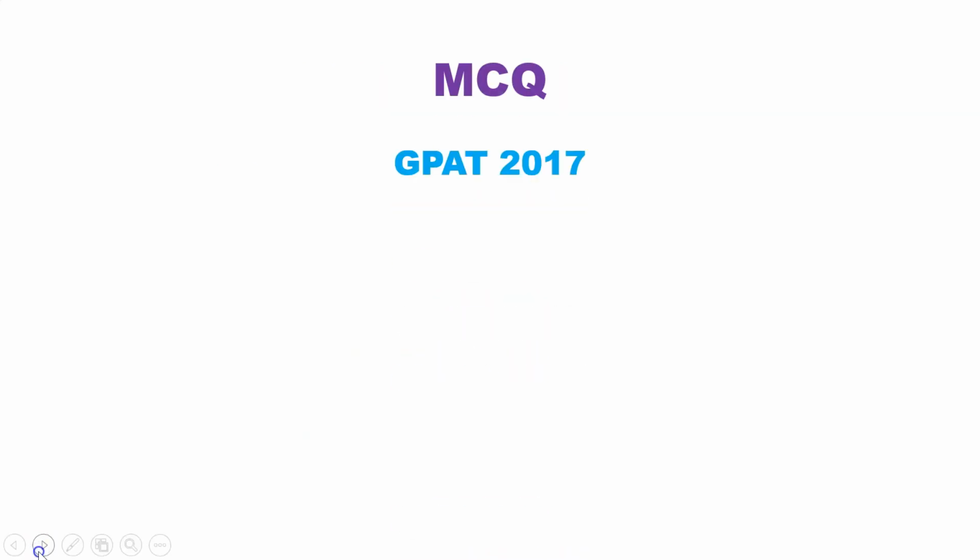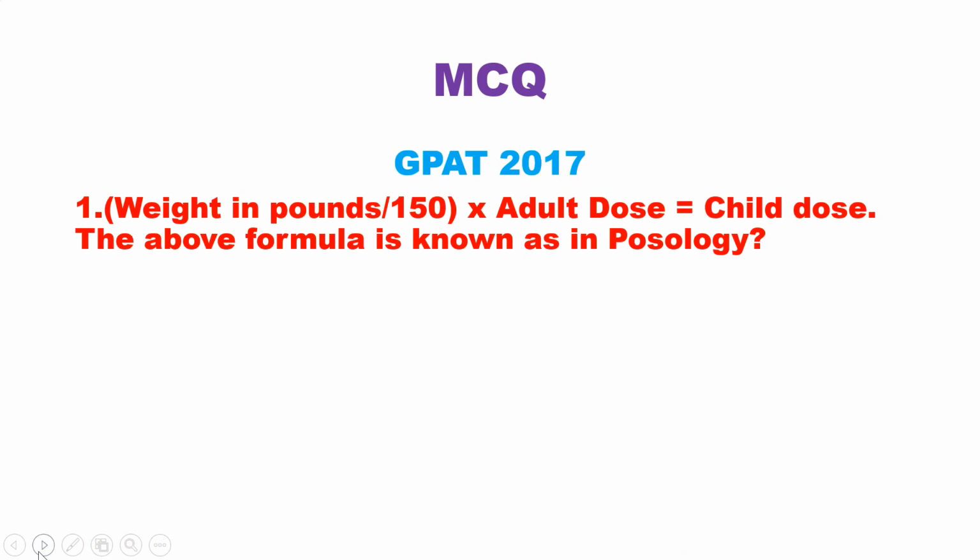Now let us see some important MCQs in GPAT 2017. You might know the GPAT exam, conducted for the M Pharmacy entrance. In GPAT 2017, one calculation was asked in Posology: weight in pounds divided by 150 into adult dose equal to child dose. The above formula is known as what in Posology?